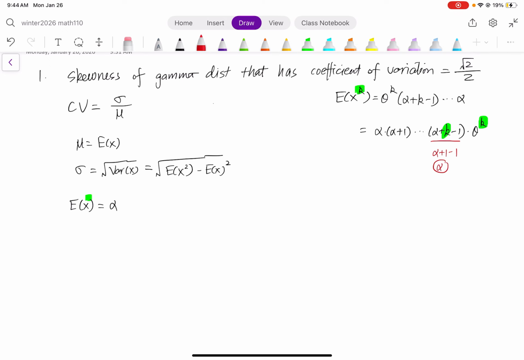It's supposed to be alpha plus 1, alpha plus 2, all the way to alpha, but because it's alpha, this becomes just one term, alpha. And theta to the power of k, where k is equal to 1, so this piece is equal to alpha times theta. That's how to use the formula. In this case, it's alpha times theta.